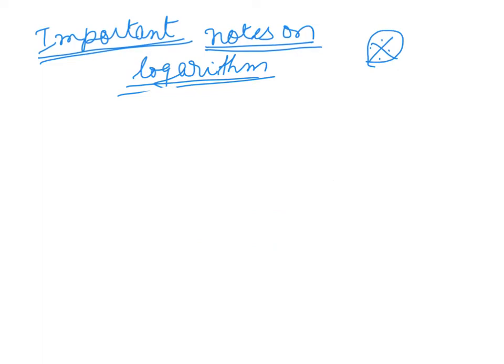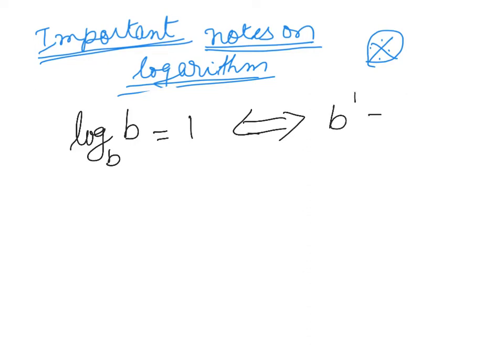Now, just as we have laws of exponents, we will also have laws of logarithm. However, I am not going to explain the laws of logarithm as they are not examined, but we must know certain laws. For example, log b to the base b is equal to 1. It originates from the exponent b to the power of 1 is equal to b.